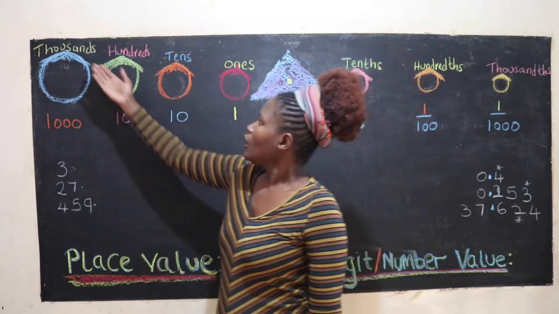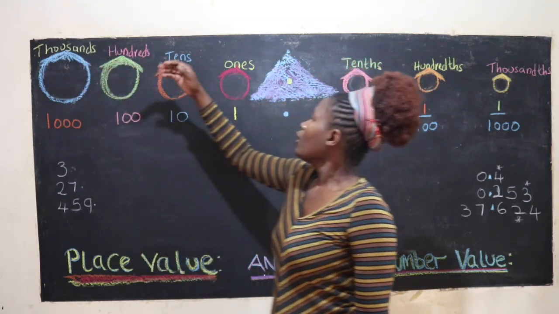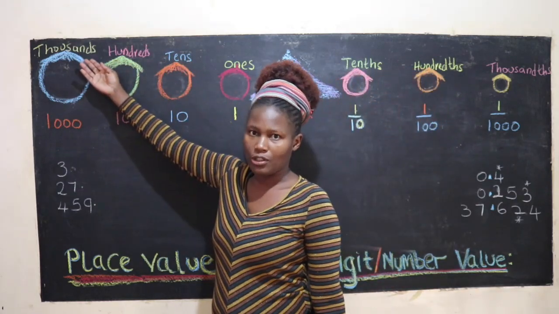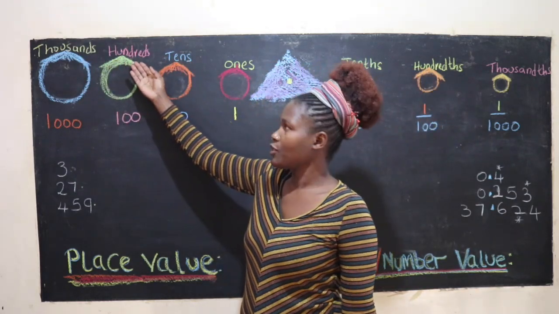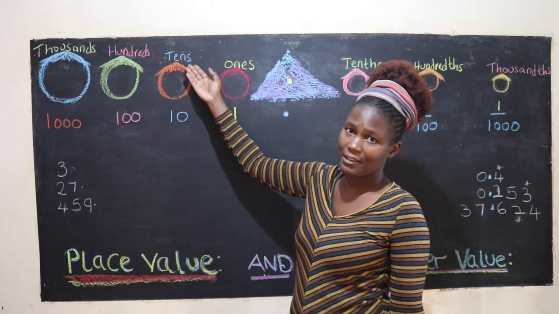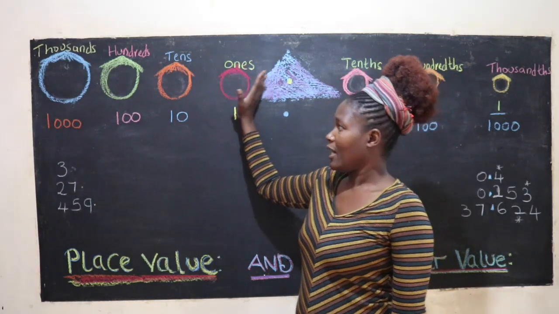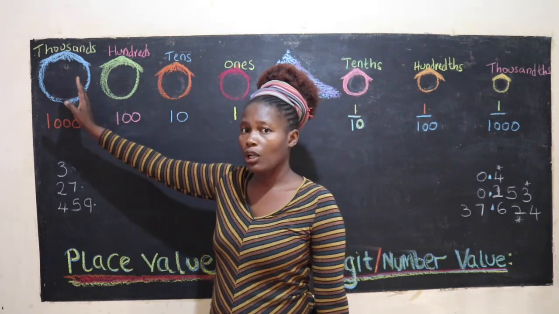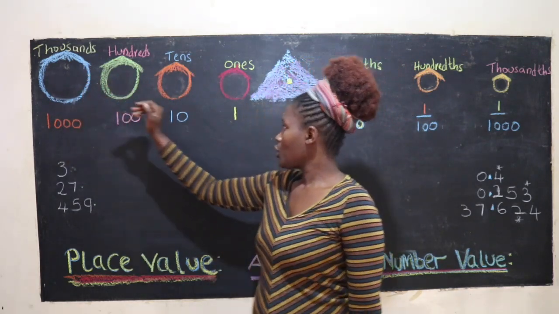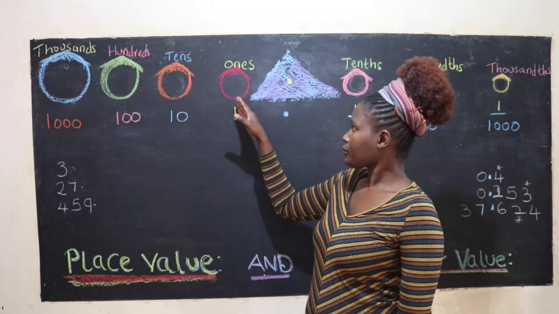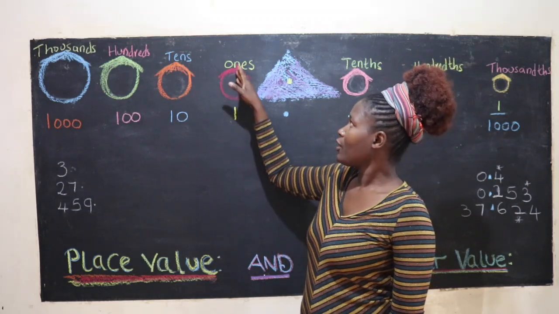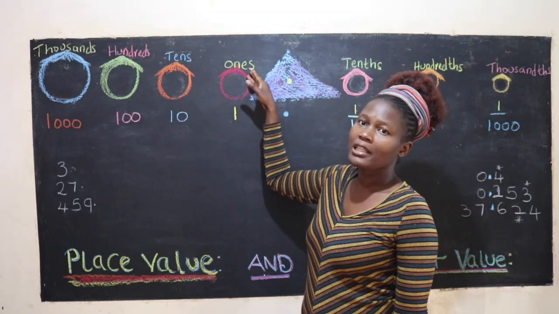So, look at the places. We have thousands, hundreds, tens, ones. These are the places, and these are the places of whole numbers. You can see from 1 to 9, they live in the home of ones.